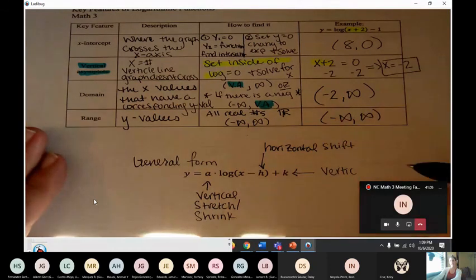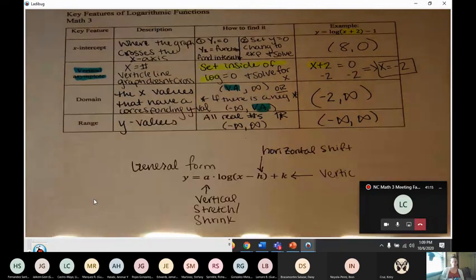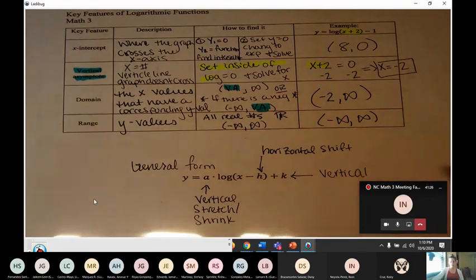Is it CAL or CLE for vertical? Nobody knows? It's CAL. Okay, so vertical shift.